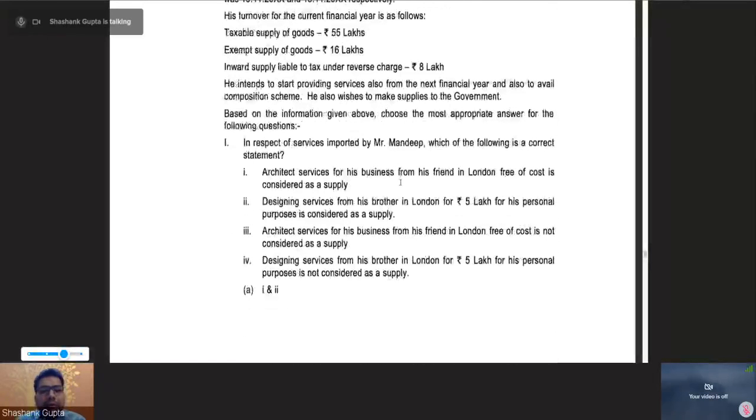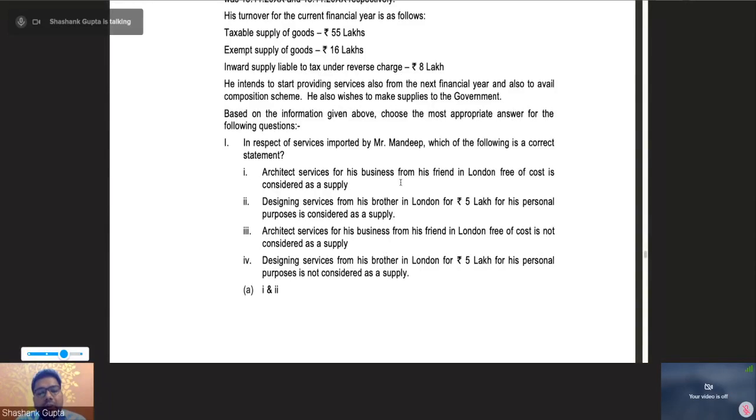In respect of services imported by Mr. Mandeep, which of the following is a correct statement? First, architect services for his business from his friend in London free of cost is considered as supply. So we have to choose the correct statement.